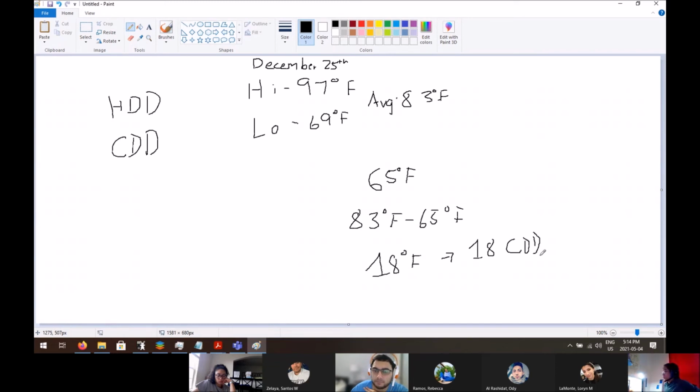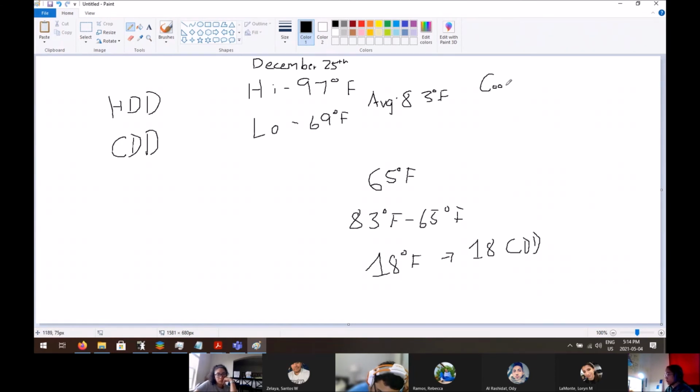Now, this is for one day. Let's break apart this word right here. Wait, where did the 65 come from? 65, that's just something you have to remember. This is the standard temperature. So 65 degrees is what you base your cooling degree days and your heating degree days on.